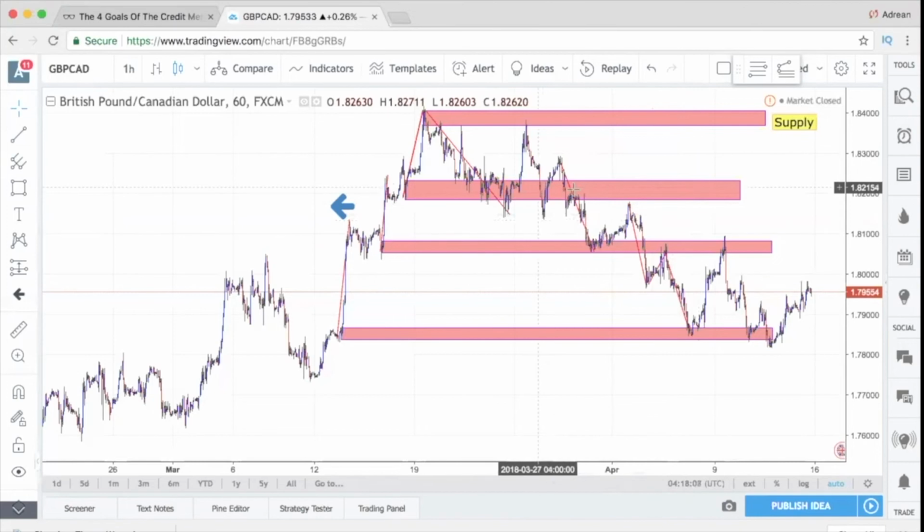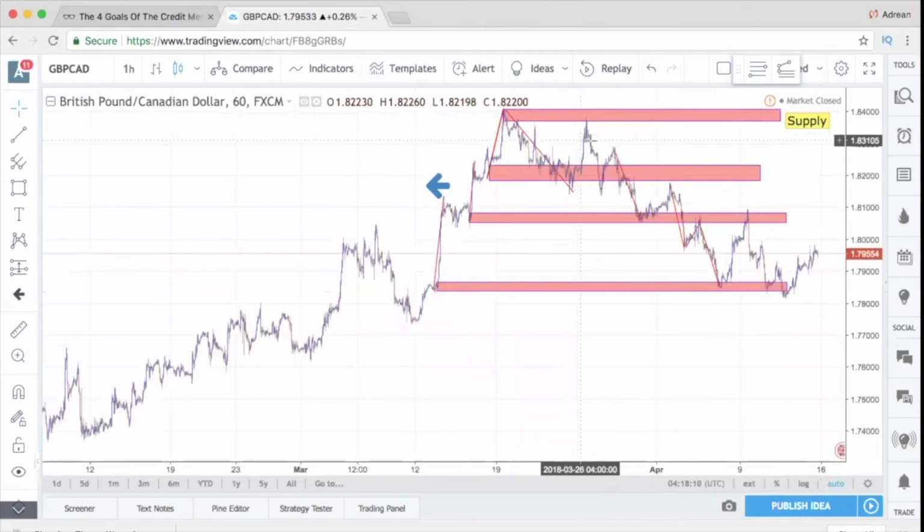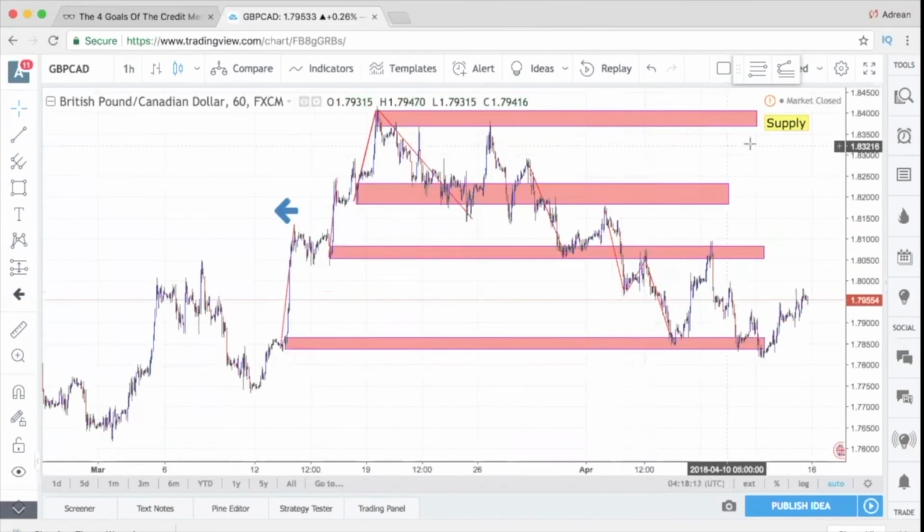For your homework, I need you to mark off your supply and your demand on the 1 hour. I need about 10 markups, and they can be on the same pair or on different pairs. Again, I want you to find those major breakout areas.